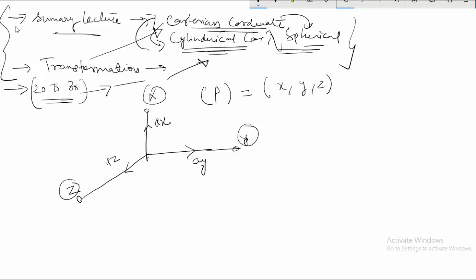The next kind of system is what is known as the cylindrical system. In the cylindrical system, if I say this is x, y, and z, then it's possible to represent a point using a cylinder with a radius of rho, a plane with an angle of phi, and the z axis.